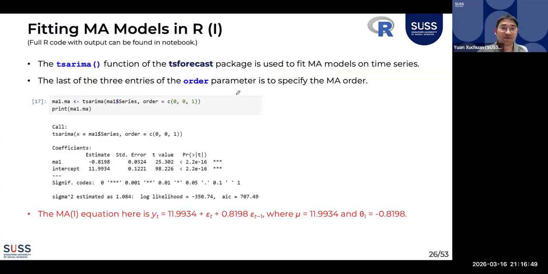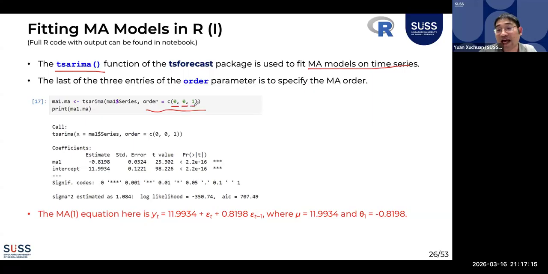Okay. So we will use this ARIMA function, right, to fit the MA model on the time series. All right. So the order, refer to this ARIMA because later we will say ARIMA PDQ model. This is the P order for the AR process. This refers to the difference order.